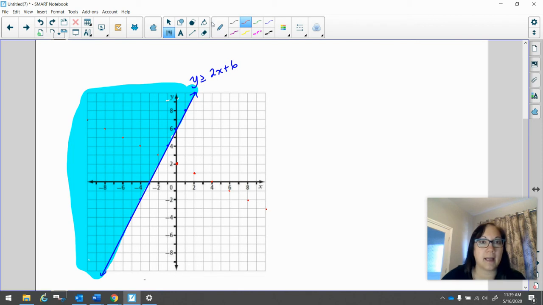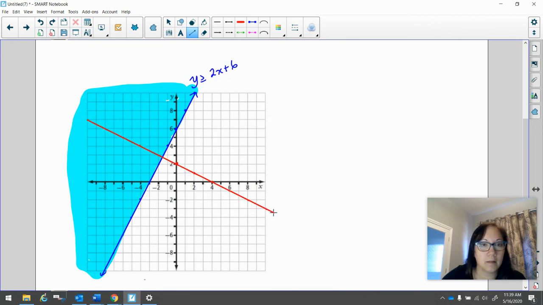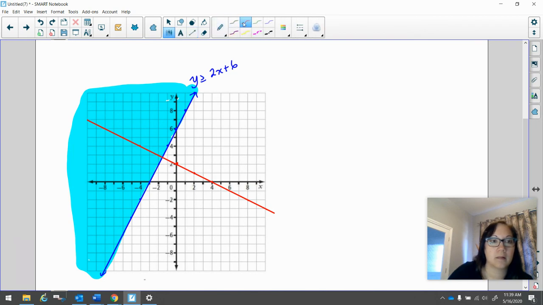As best I can, and again, this one is going to be solid, but I'm going to change it to red. So this is y equals -1/2 x plus 2. So there are my two lines.